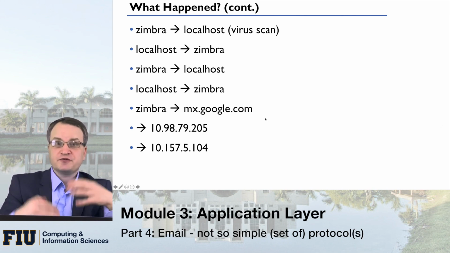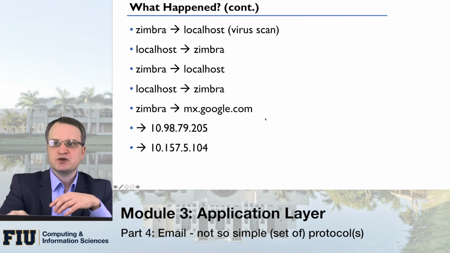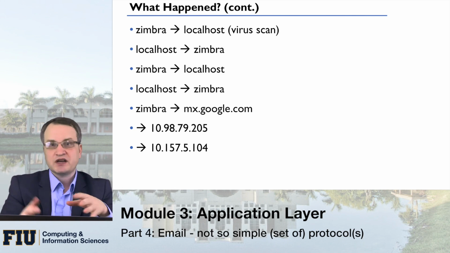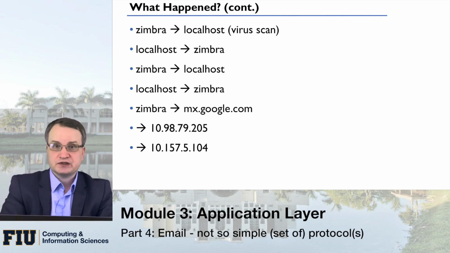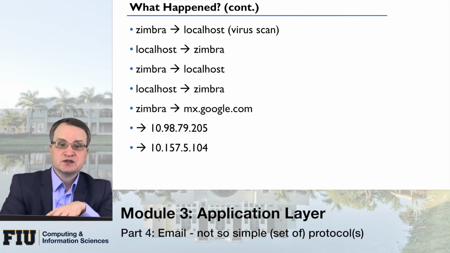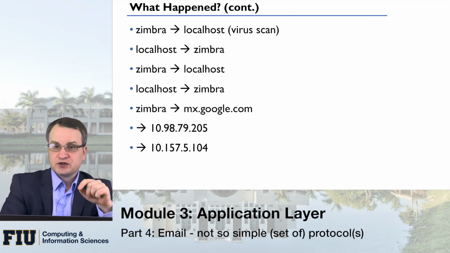It was received by the front-end SMTP server, then it went to yet another SMTP server inside the Google network, I guess for some kind of load balancing, and then yet to another one, and hopefully that was the final destination for that message. Again, I recommend you just go to your Gmail and look at the source code for any of the messages, and try to infer what happened to those messages, because it's interesting to know how many servers actually looked at the message.